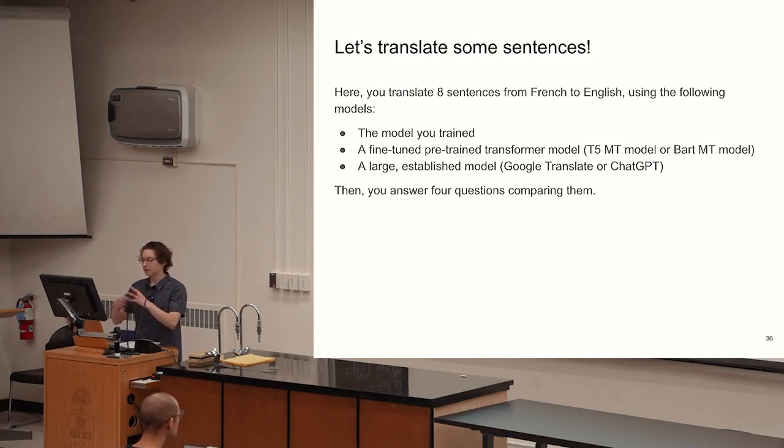I think the meat of that part of the assignment involves qualitatively comparing what kinds of mistakes they are making. Are the models that are trained on the Hansard's data better at translating Canadian legal, parliamentary setting sentences than GPT, just because it's seen that kind of data? These are the kinds of things we want you to be thinking about and engaging with in this part of the assignment.